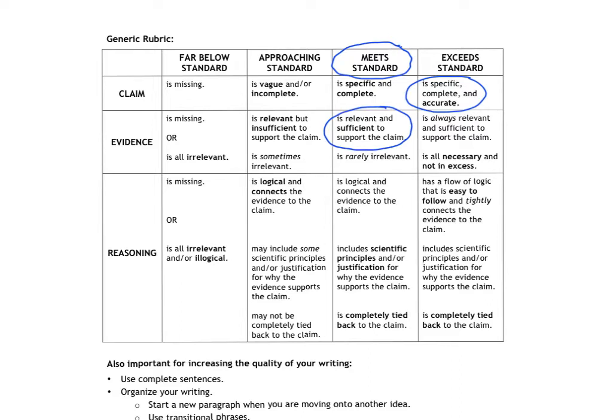I'm a little less strict about irrelevance, especially in the beginning, but it is easier for me to grade if there's not a lot of excess stuff that is not relevant to support the claim. And then for the reasoning, it should be logical. It should use scientific principles, and it should be completely tied back to the claim.